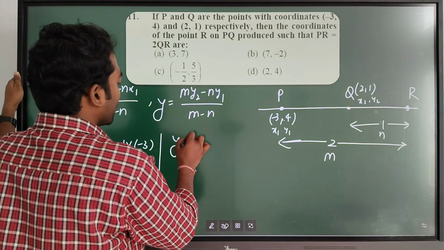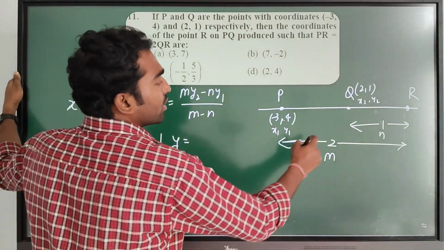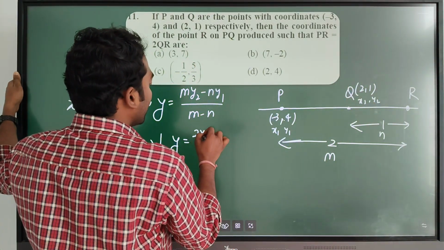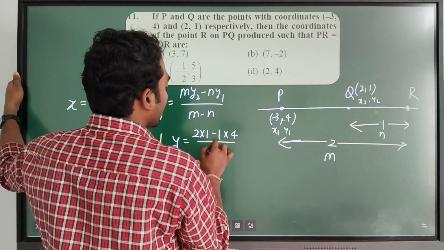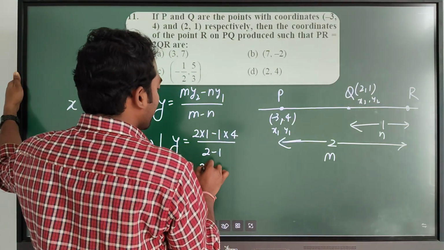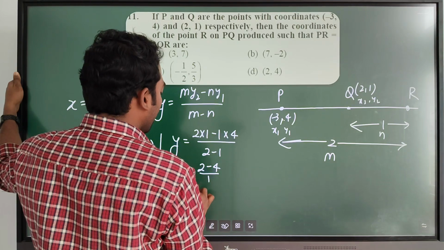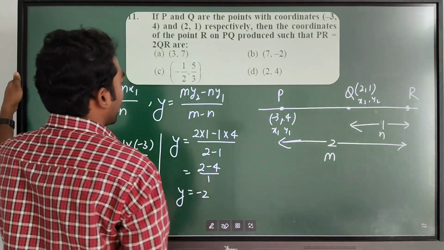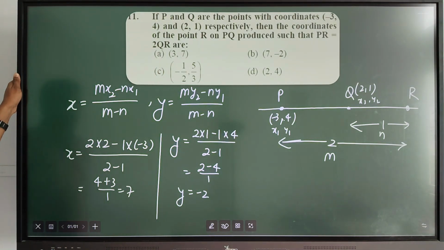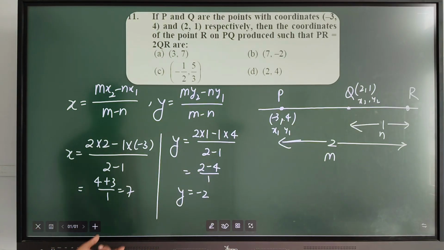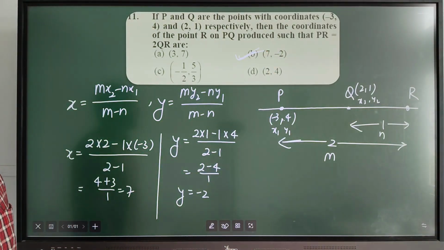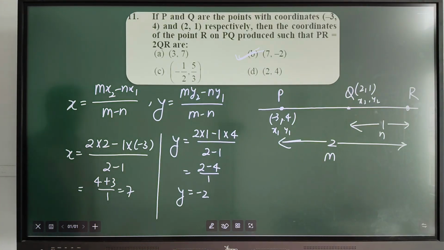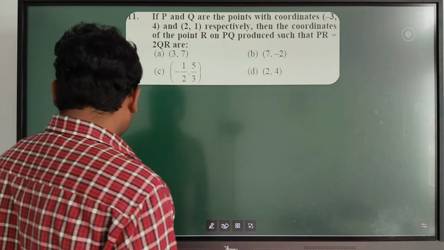Similarly, y is equal to what? m y2 means 2 into 1 minus 1 into 4, divided by 2 minus 1, which means 2 minus 4 divided by 1, so minus 2. So y is equal to minus 2. So your option is 7 comma minus 2, which means the coordinate of R is 7 comma minus 2. So option B is the correct answer. You can take this screenshot. Okay, now we are moving to the next question.